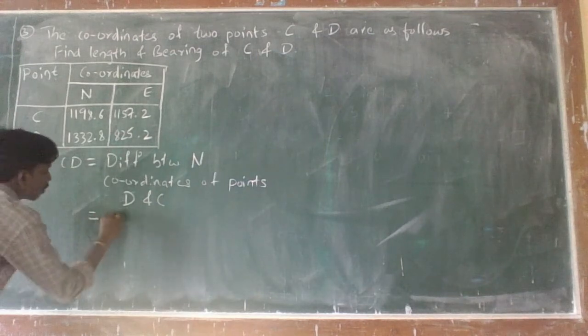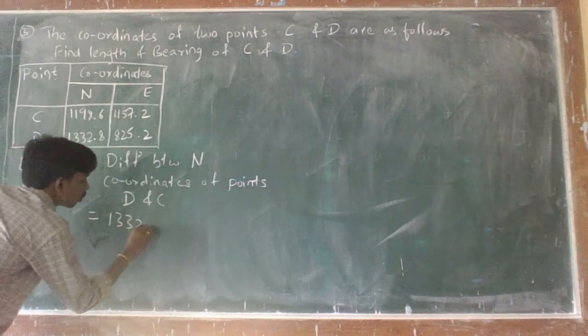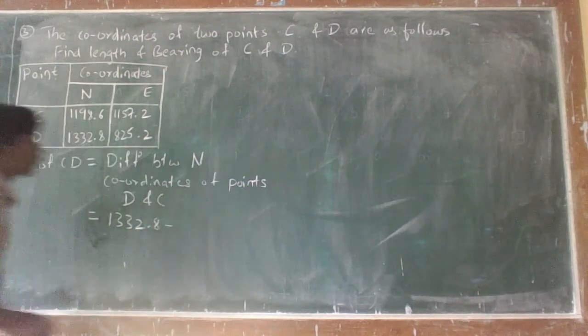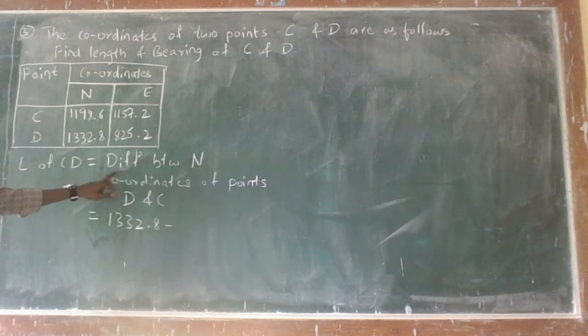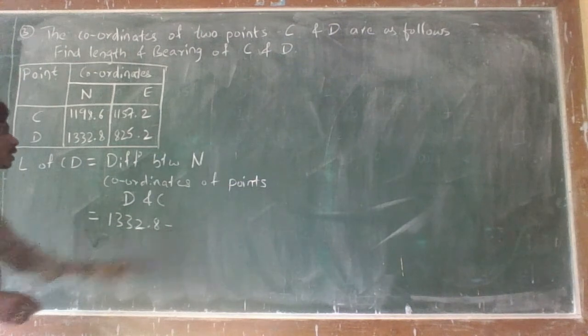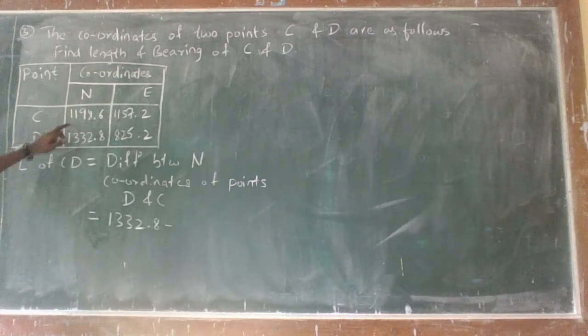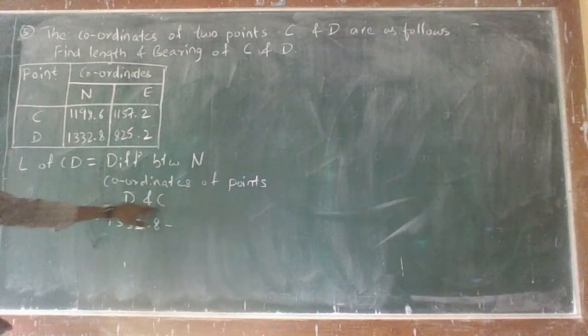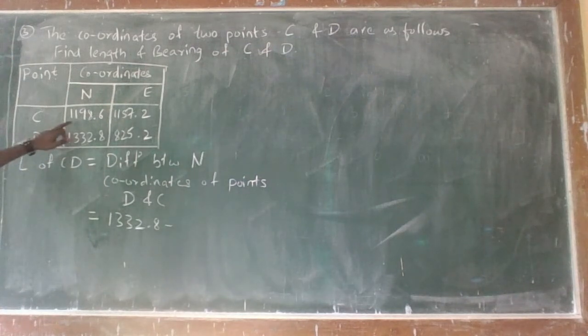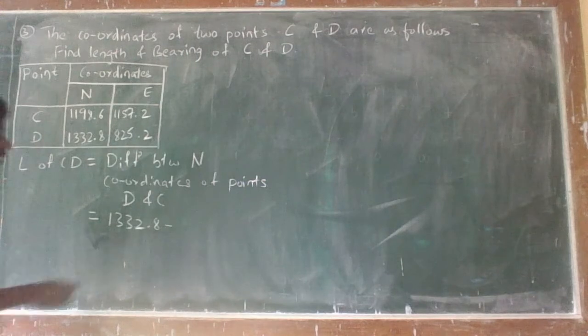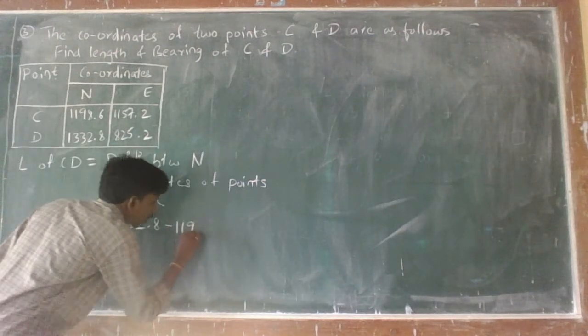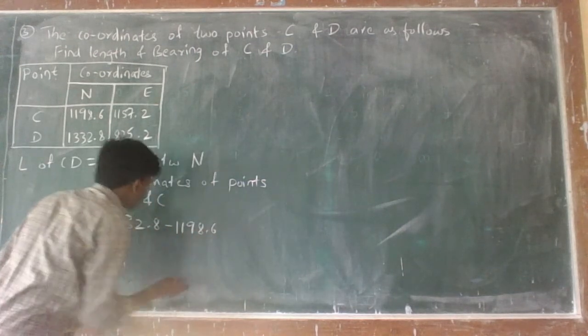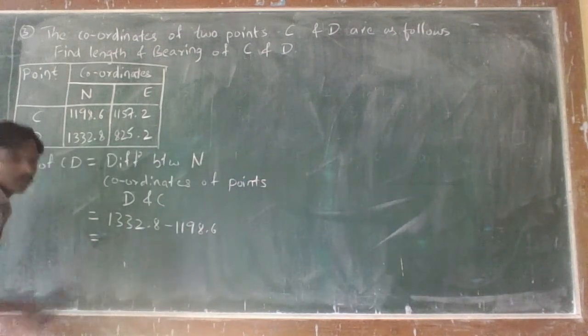So take 1332.8 minus, so in the formula they have asked the difference. So take the sign minus, and now the north coordinate of point C is 1198.6. So now calculate.